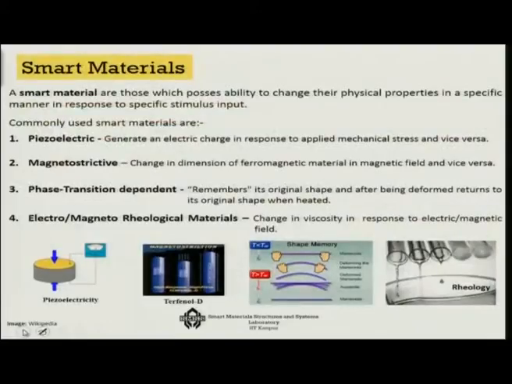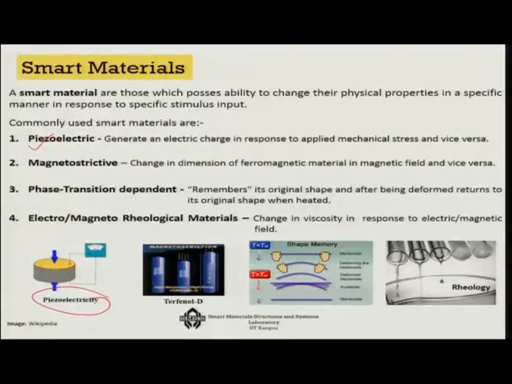Now, if I look at the smart materials which possess this ability to change their physical properties in a specific manner in response to specific stimulus input, then commonly used materials are the piezoelectric materials, as you can see here in this little animation, that you are changing the electric field which is generating the charges, and in response to that, this whole thing realigns itself, and as a result you are getting a mechanical deformation in the system.